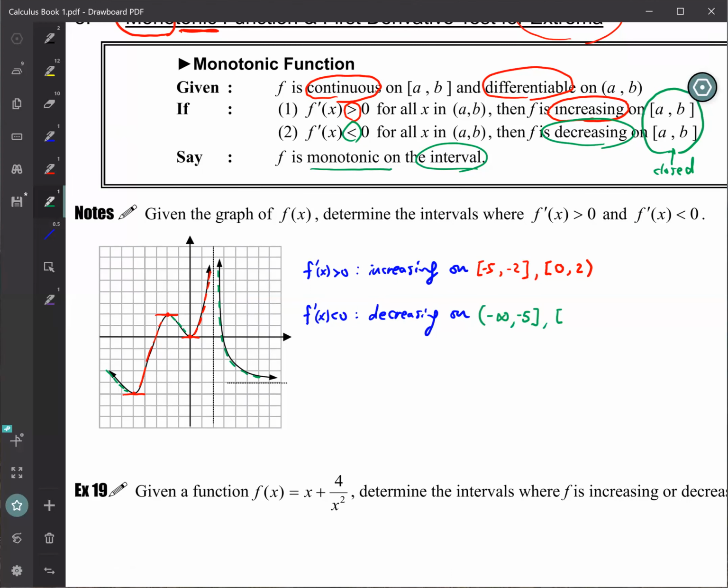I got bracket -2 and 0 bracket. Very good. And Leon, the last one. 2 and infinity, open bracket for both. Yep, that's all right.